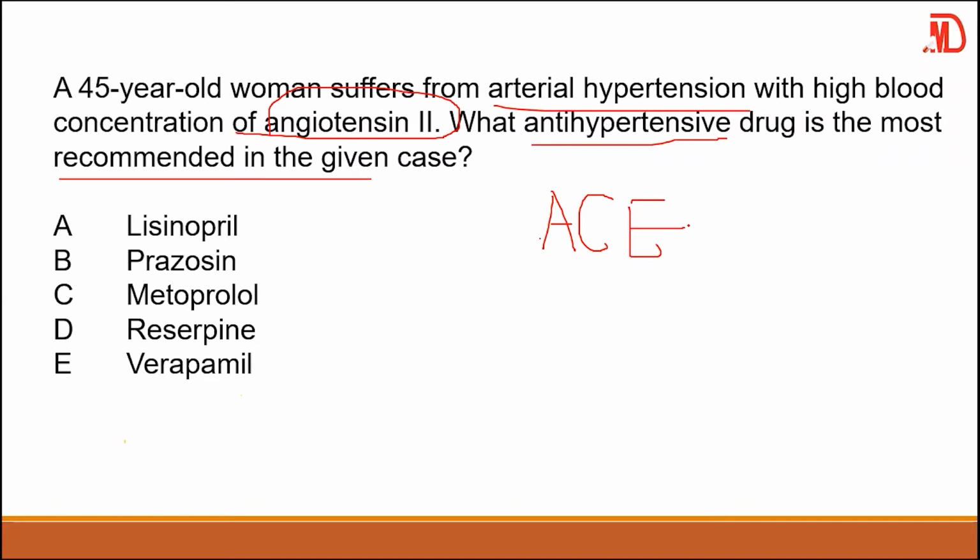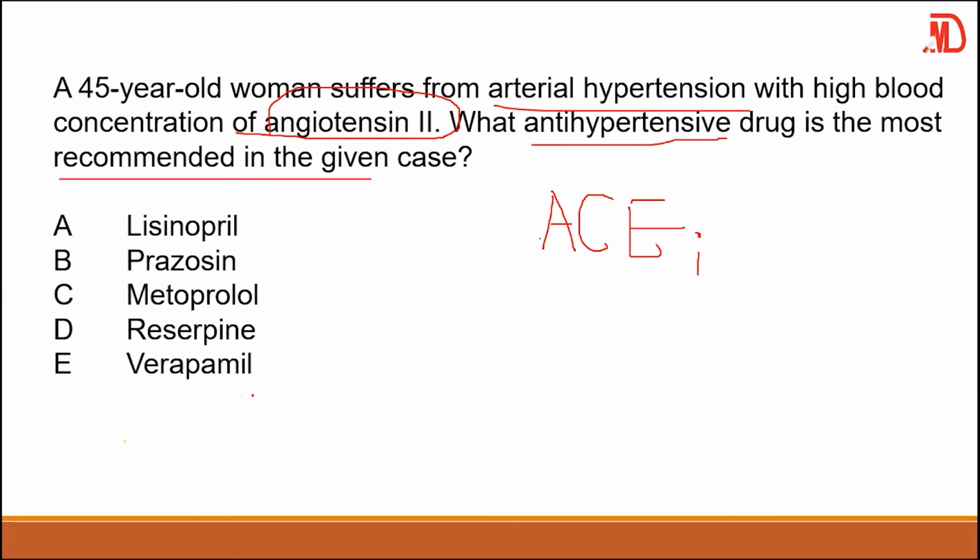But basically, what converts angiotensin 1 to angiotensin 2 is the angiotensin converting enzyme, and this is in the lungs. So if you want to prevent angiotensin 2 from happening, you have to inhibit this enzyme. So we call it an angiotensin converting enzyme inhibitor.